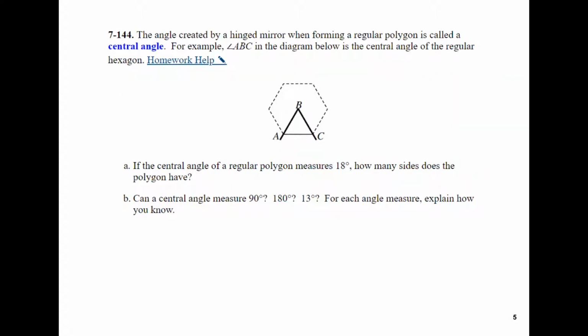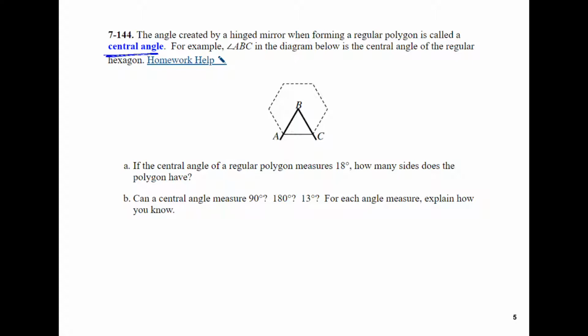7-144. The angle created by a hinged mirror when forming a regular polygon is called a central angle. For example, if we look at the polygon below, angle ABC in the diagram is the central angle of the regular hexagon.